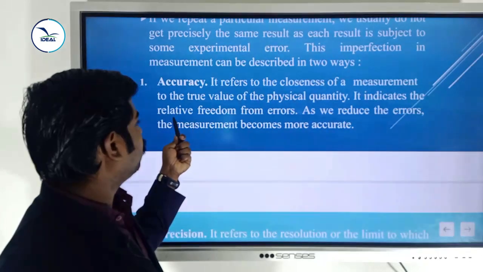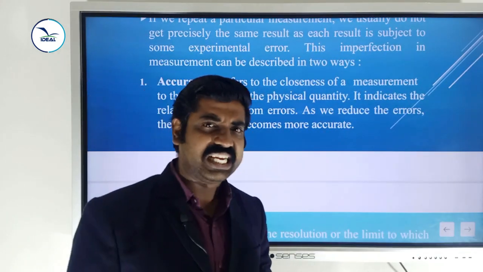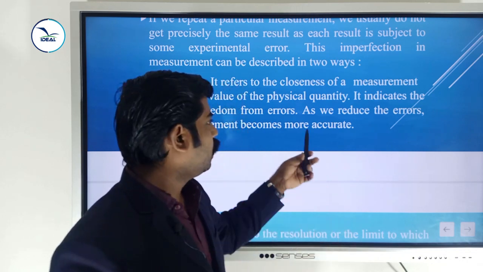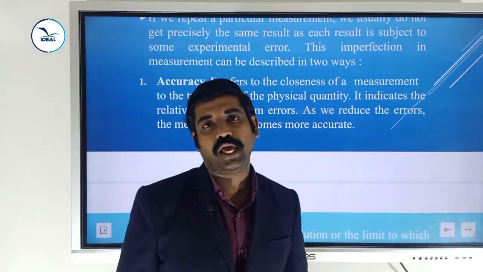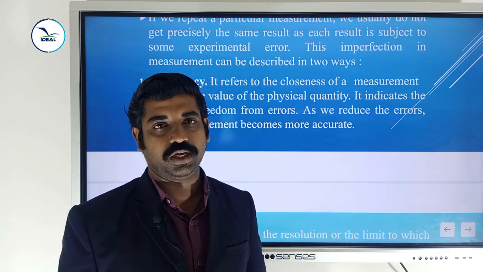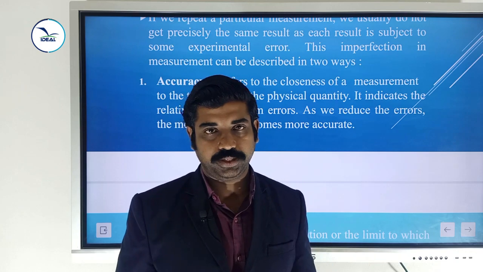It indicates relative freedom from errors. So as we reduce the errors, the measurement becomes more accurate.